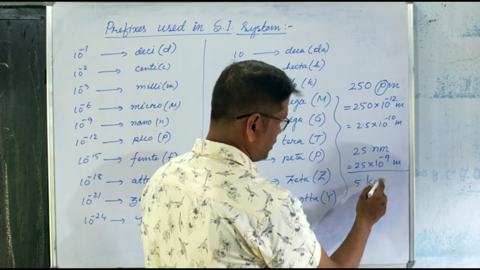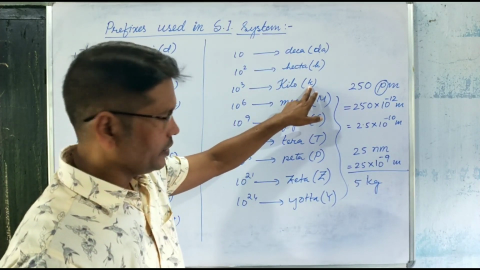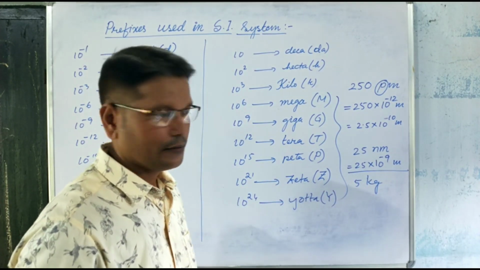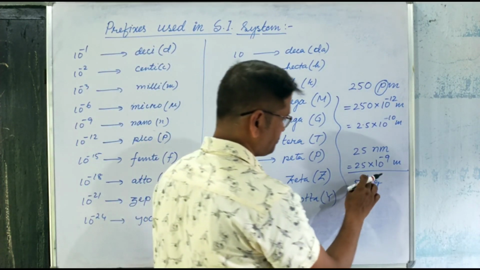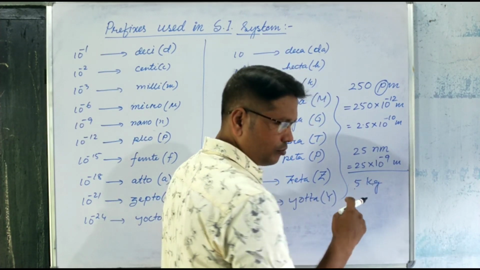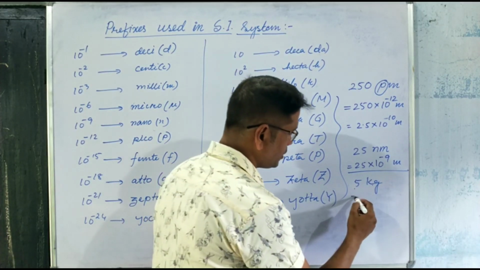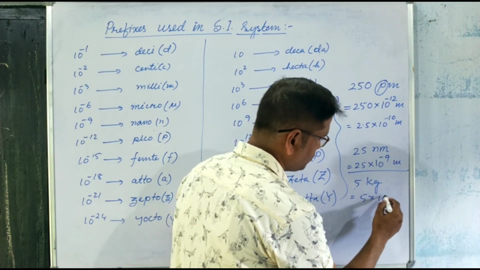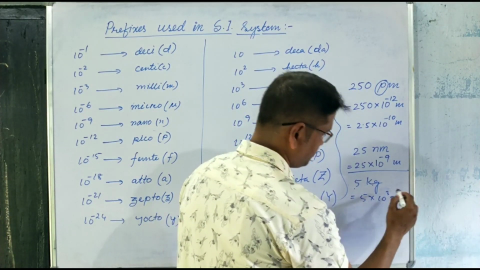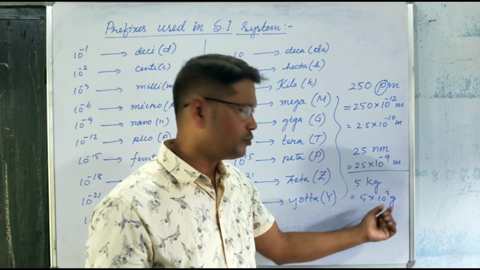Here you should keep in mind kilo is indicated by small k. If you write capital K, then you are wrong. So small k. So 5 kilogram. Now you have to convert it into gram. So easily you can convert: equal to 5 into kilo means 10 cube gram. So this way we can convert kilogram to gram.